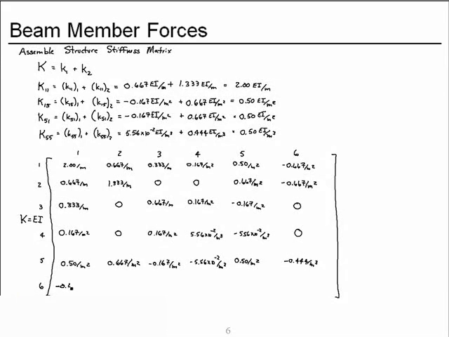So we have a minus 0.667 per meter squared, a minus 0.667 per meter squared, 0, 0, a minus 0.444 per meters cubed, and a positive 0.444 per meters cubed.